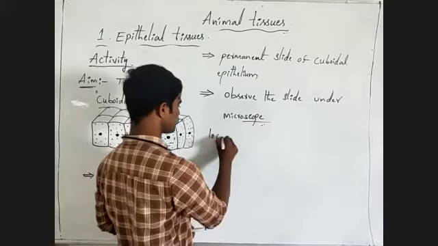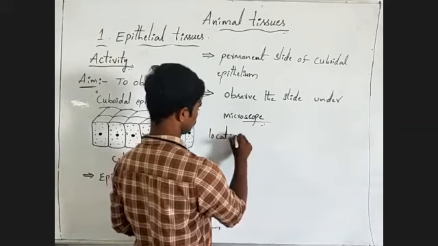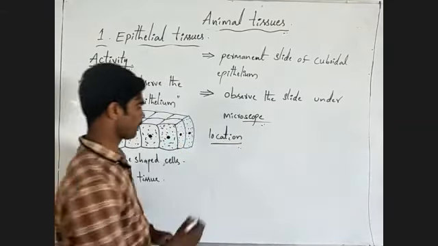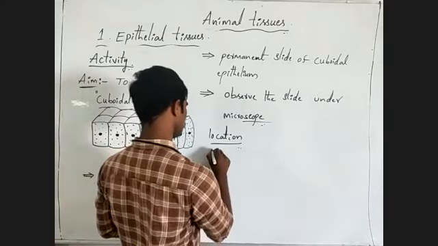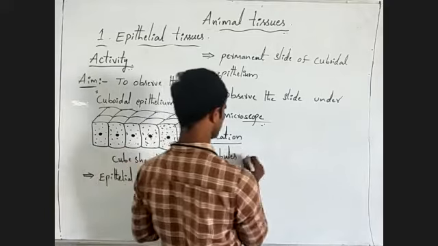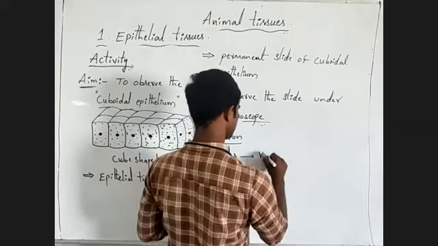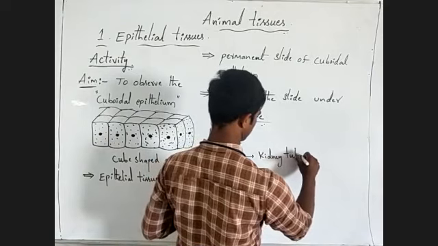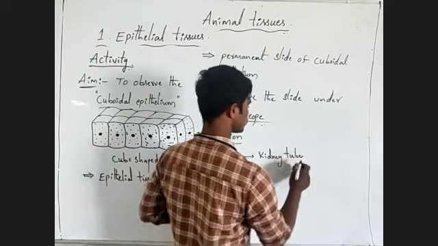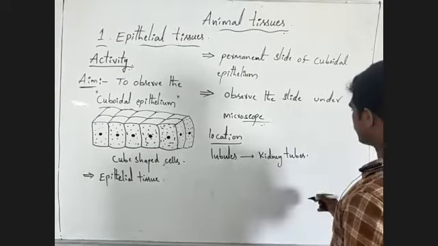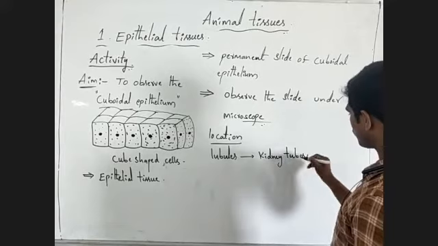What is the location of this tissue? The location is tubes, like kidney tubes and other tubes.